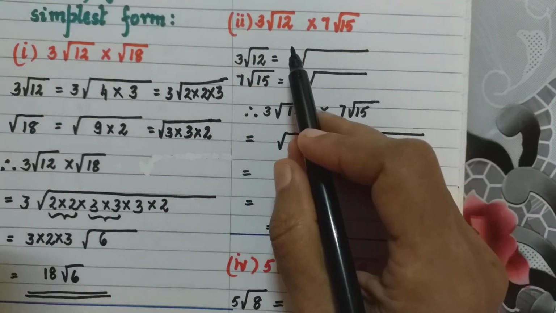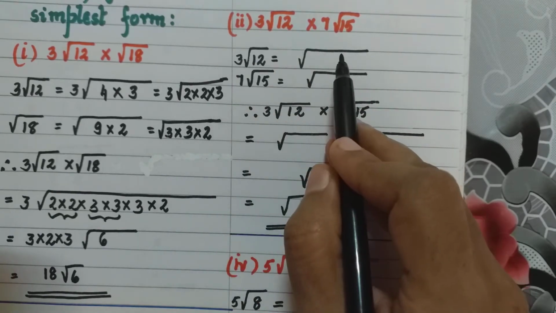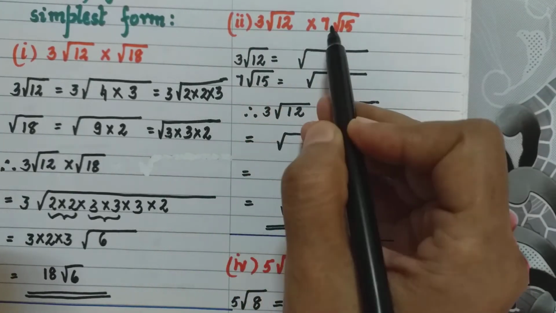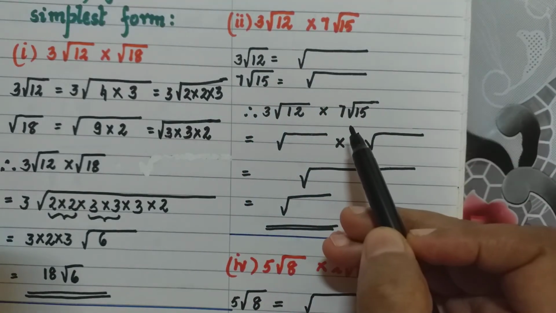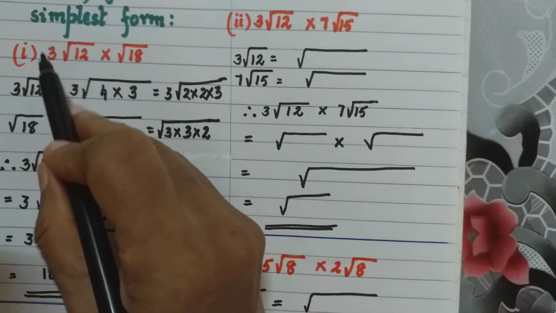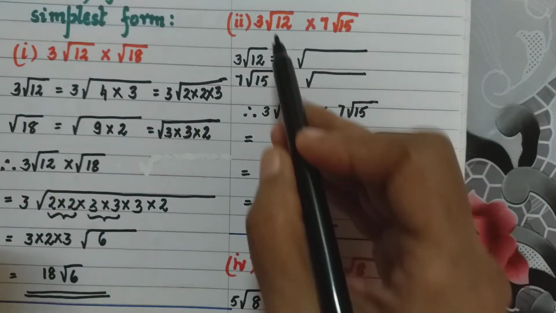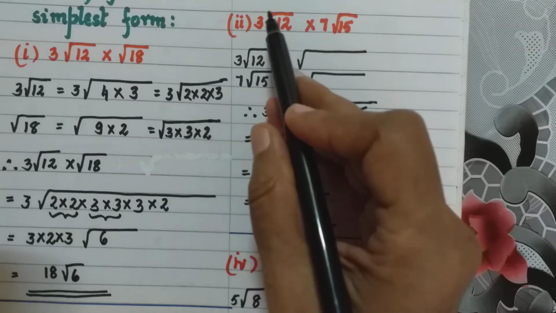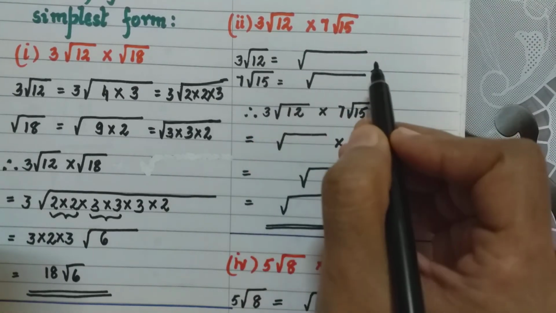Now look at the second question. What was different from the first and third question? You will see in both these terms we have numbers outside the root sign. In the first and third, only one term had a number outside the root sign. Here in both there is a number outside. The method is the same.